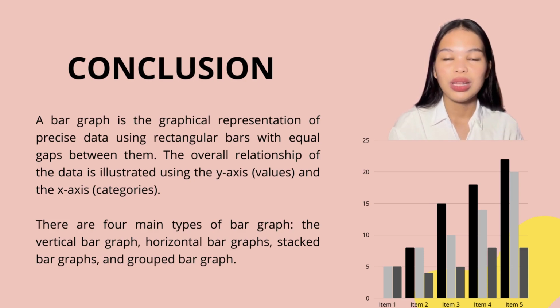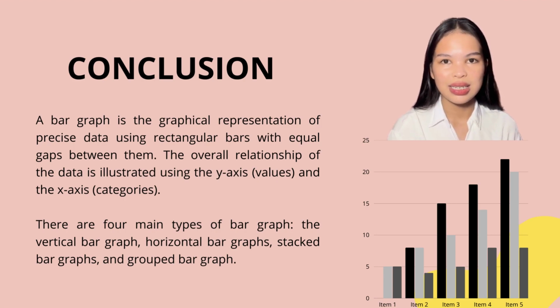The overall relationship of the data is illustrated using the y-axis or the values and x-axis or the categories. There are four main types of bar graph: the vertical bar graph, the horizontal bar graph, stacked bar graph, and group bar graph.